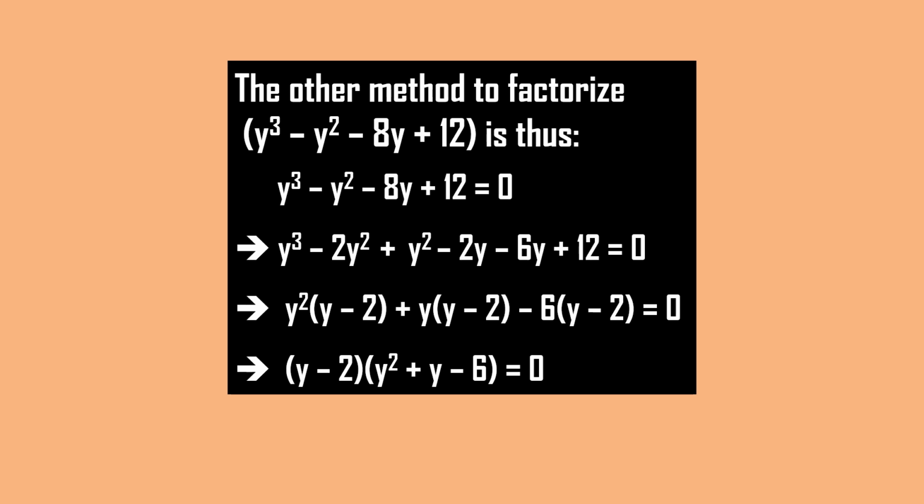Now y minus 2 cannot be simplified, so we have to factorize y square plus y minus 6.